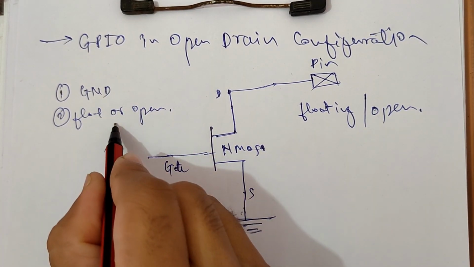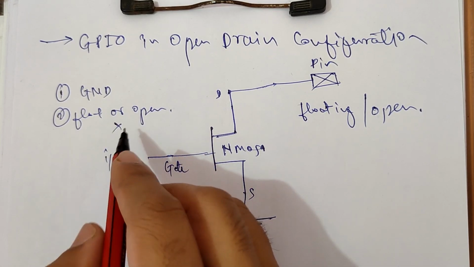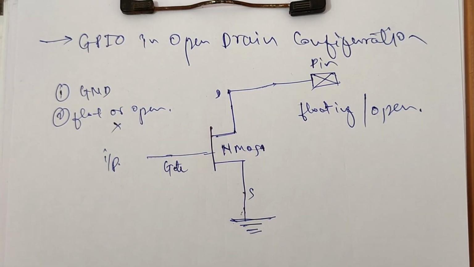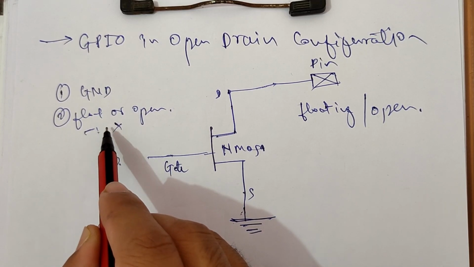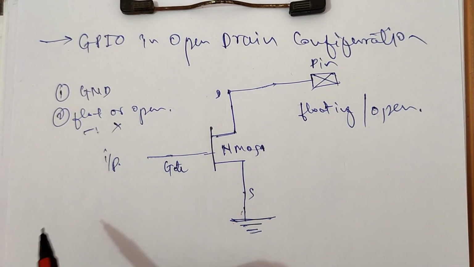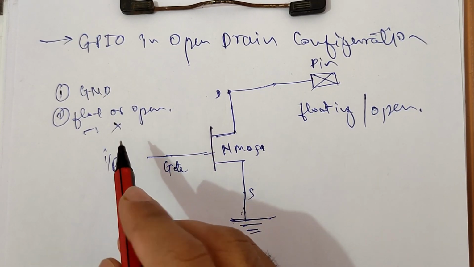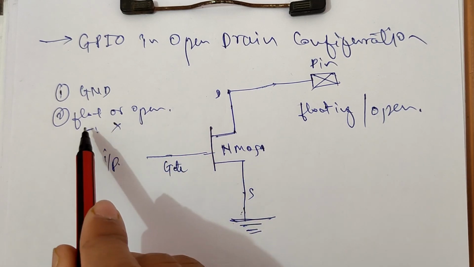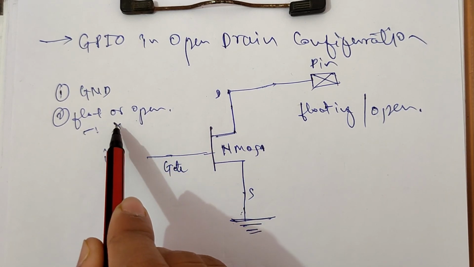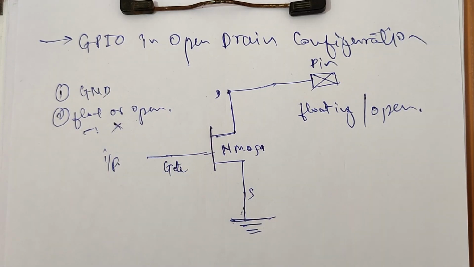The float is useless, meaning we cannot use this. We can make this float useful by providing the pull-up capability, by adding a pull-up resistor. I'm going to explain that also. I'm just saying, without pull-up, this floating pin is not useful for us.